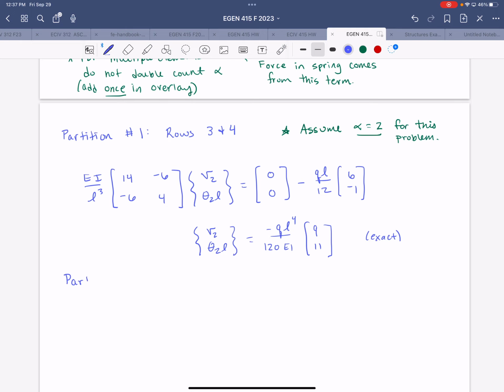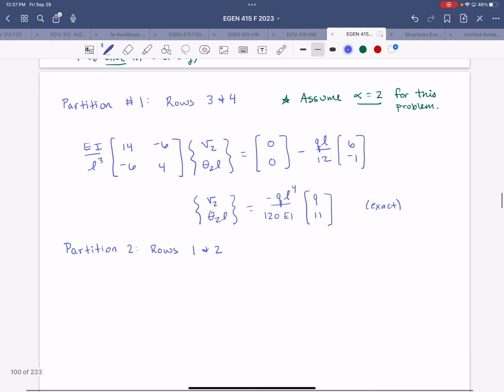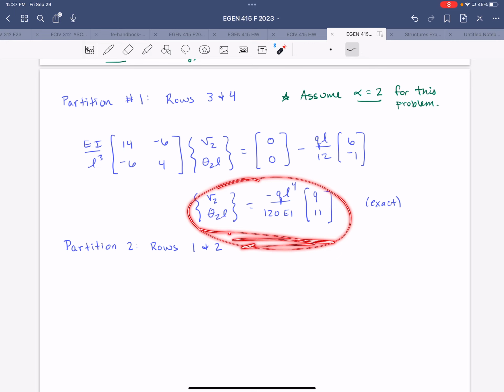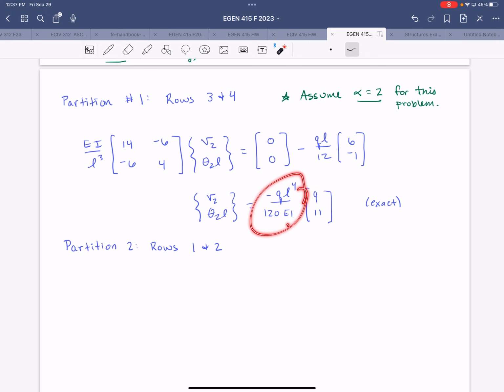Then the second partition, we'll go back and use the remaining rows. So we have our stiffness matrix times our displacements that we now know, V2 and theta 2L. I'm going to bring this QL to the 4th term out front.